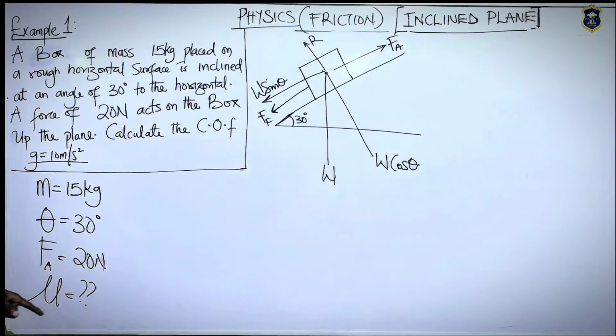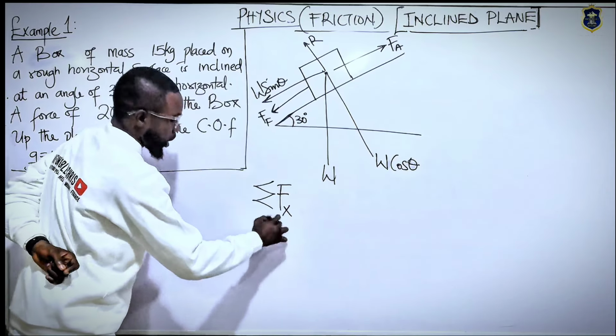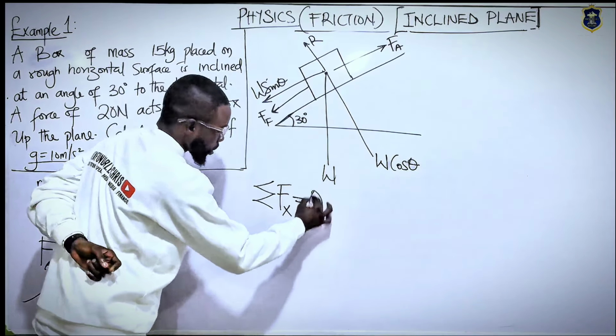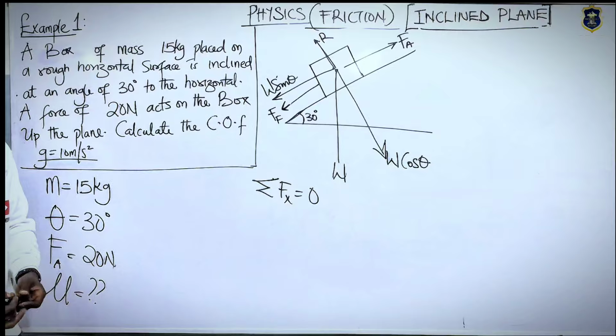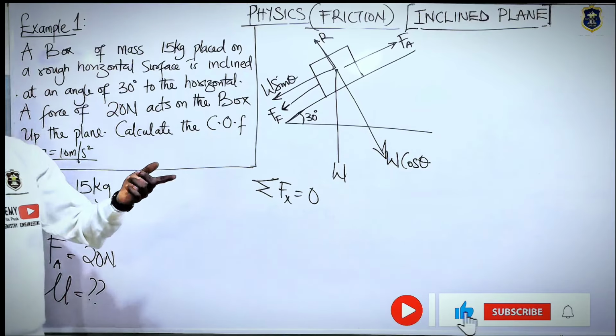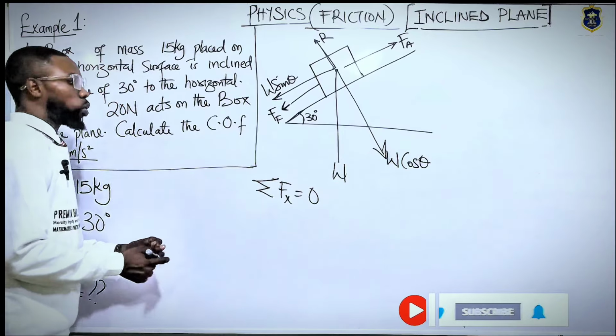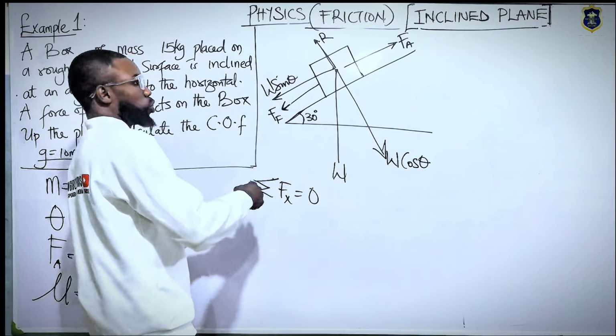Now let's look at that. In solving, we are looking for the coefficient of friction. Let's resolve to the x-axis. We know that the summation of force to the x-axis is equal to 0, from the information we have from resolution of forces. If we resolve all the forces to the x-axis, we're going to get 0. So what does that mean? We're taking all the forces in the x-axis. Now let me draw a free body diagram.